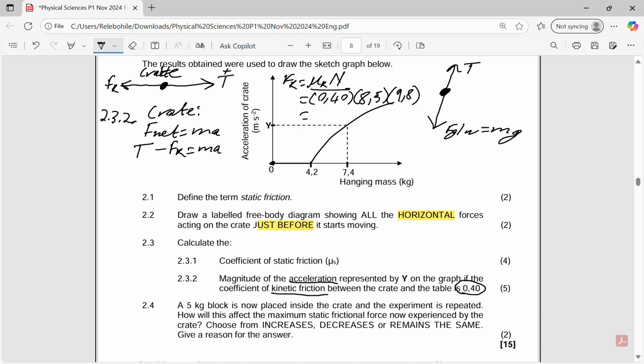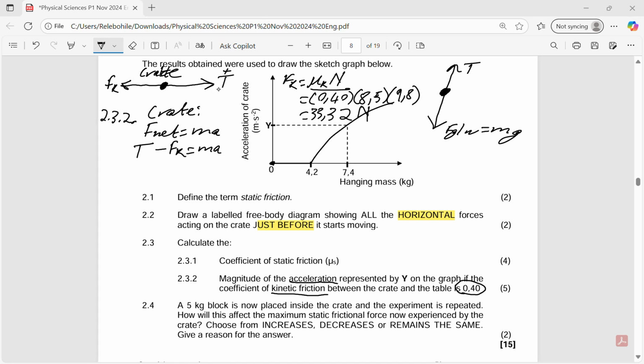So we can find our Fk quickly there. When I put all of this on a calculator, guys, the answer I get is 33.32. Okay, that is my kinetic friction.